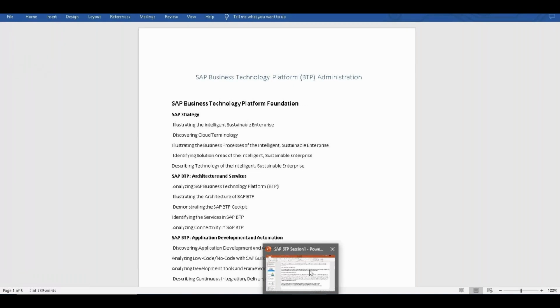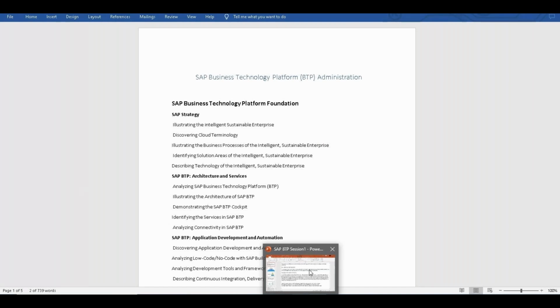Even if you consider the S/4HANA application, you'll see a lot of intelligent features embedded into it. For that matter, any SAP product you take has a lot of intelligent functionalities. But now sustainability is something they are focusing on, because every customer now needs to think about sustainability, not just technology.